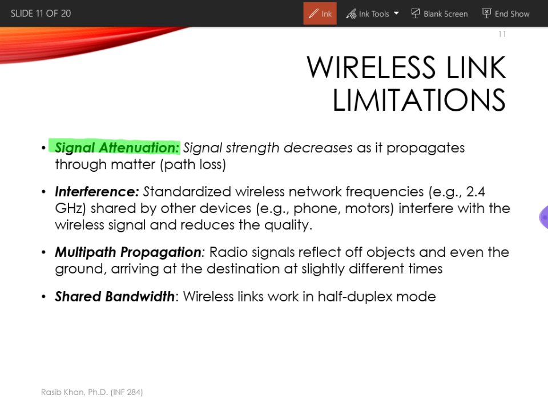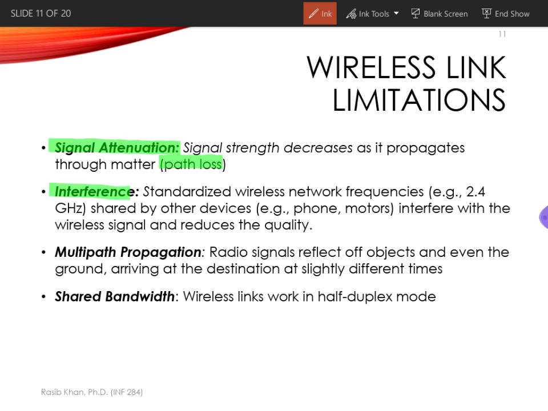First is what we call signal attenuation, which means that the strength of the signal decreases the longer it propagates through a certain matter, in most cases air. In simple terminology, we can refer to it as path loss, and it's something we have probably experienced. For example, when you are further away from your home Wi-Fi router, you get less signal. That limitation is called signal attenuation.